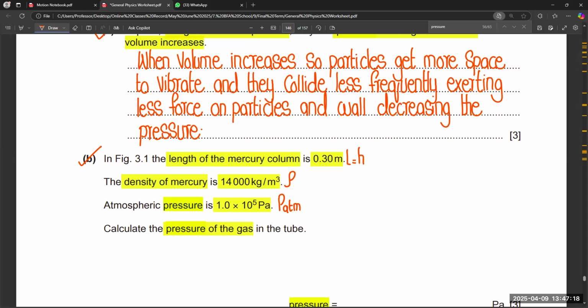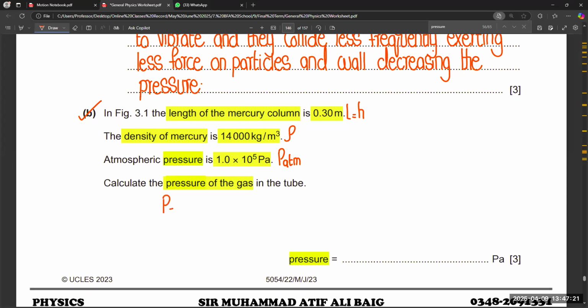So if we use that formula, density is 14,000, value of g is 9.8, length or height of liquid in the tube is 0.3. So 0.3 multiplied by 9.8 multiplied by 14,000.